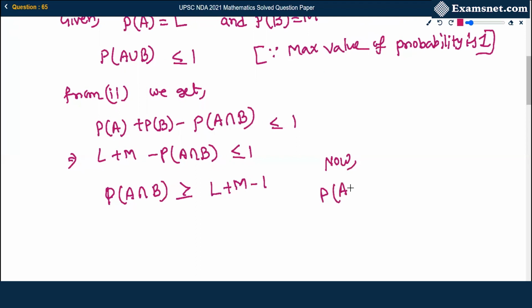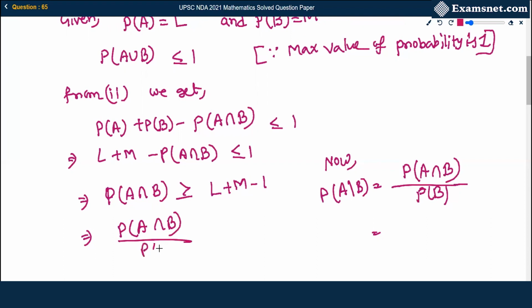Okay, now P(A given B), the probability of A given B, is the probability of A intersection B by the probability of B. So we can write from here that P(A intersection B) by P(B) is greater than or equal to L plus M minus 1 by P(B).